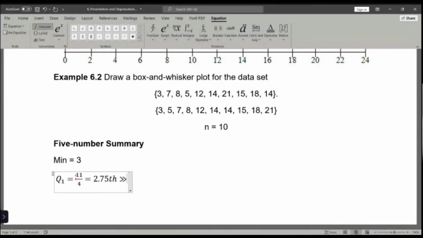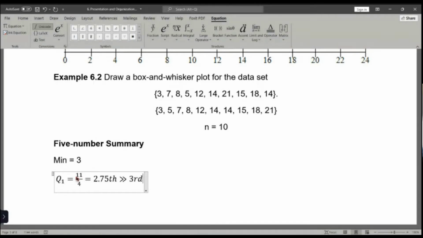Right, 2.75. This time, I'll just ask you to identify the value, the score that is nearest to this location, 2.75. Therefore, we'll consider the third item.